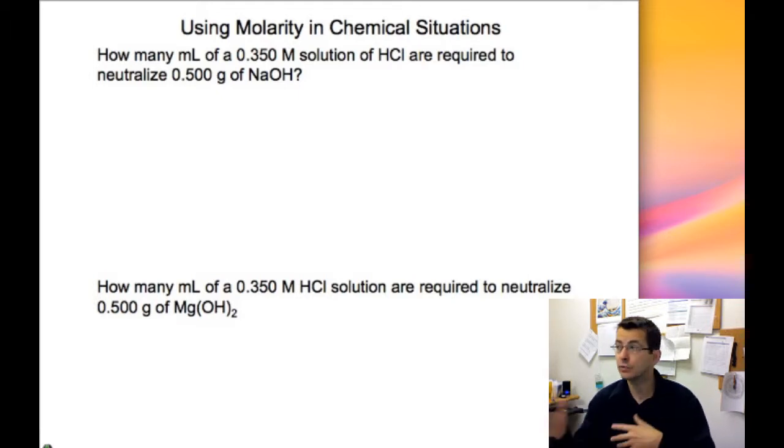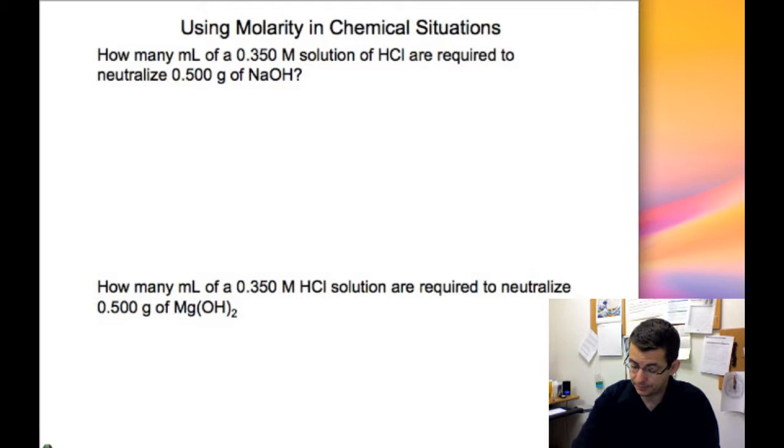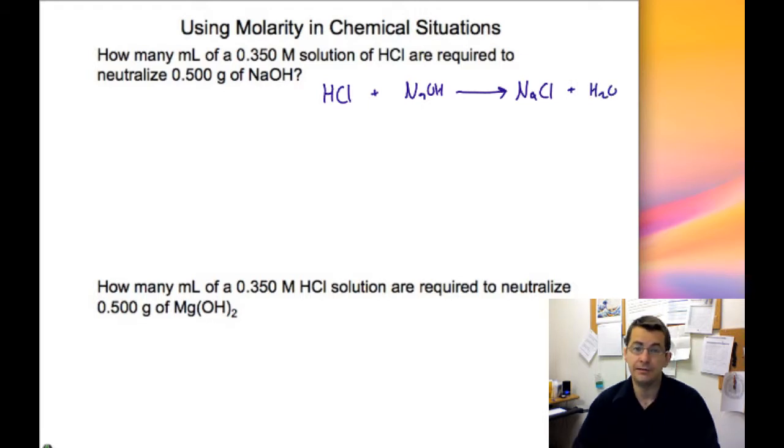How many milliliters of a 3.35 molar solution of HCl are required to neutralize 0.5 grams of NaOH? Now, in this case, it's not shown, but we need a balanced chemical reaction: 1 HCl plus 1 sodium hydroxide generates NaCl plus water. If that stoichiometry was 2-to-1, we'd have to take that into account.